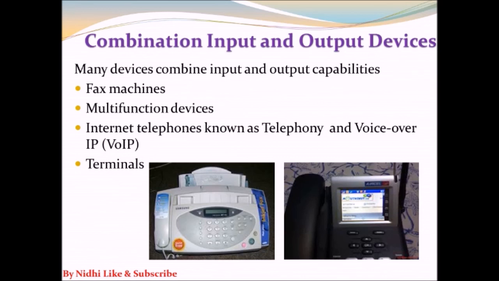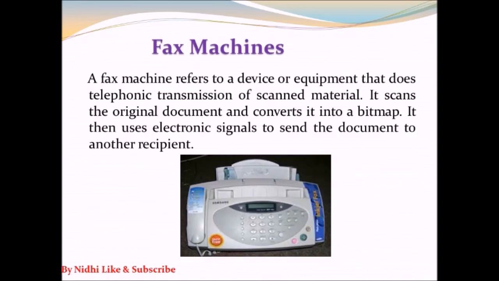Terminals, where we can input, and some screens are also known as terminals. A fax machine refers to a device or equipment that does telephonic transmission of scanned material. With the fax, we can send a scanned copy of the particular material to some place. It scans the original document and converts it into bitmaps or binary form, and then uses electronic signals to send the document to another recipient. This is about fax machines.